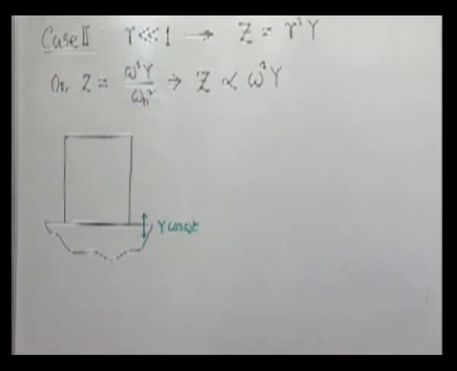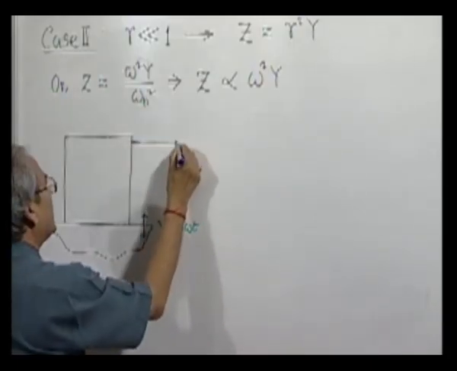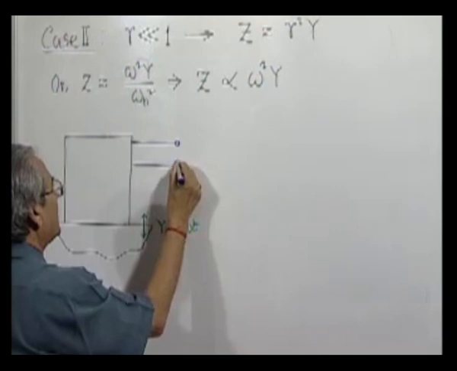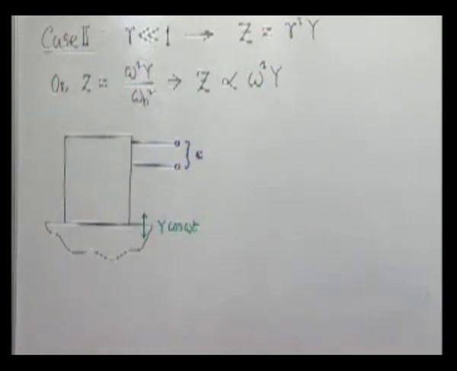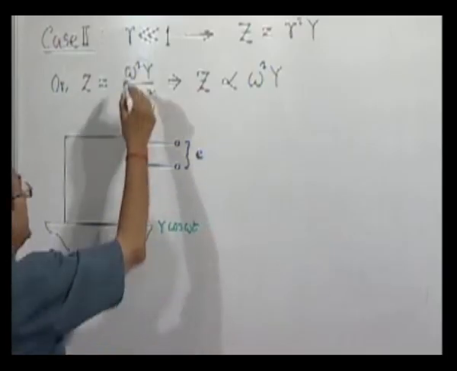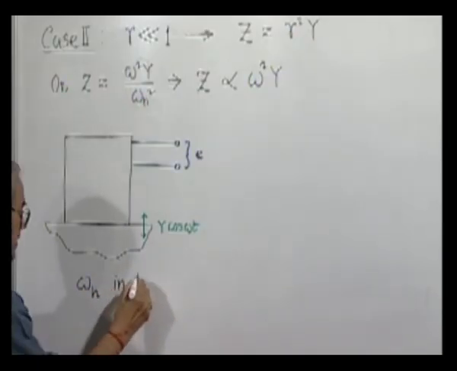If the output of this is a voltage, that will be proportional to acceleration, and it can be considered an accelerometer, but the condition which has to be satisfied is that r must be extremely low or omega n must be very high. So omega n will be in the megahertz range.